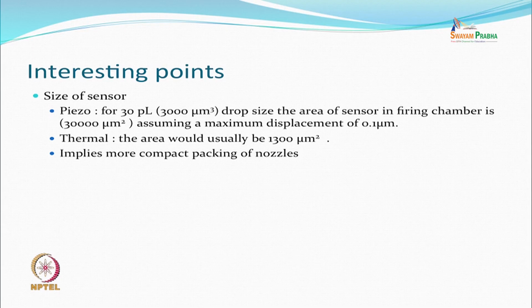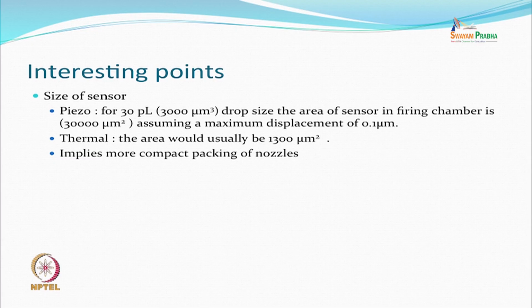Thermal printers require much less area. On an average, they could be 1200 to 1300 micrometer square. That means a smaller size. And if the element, which is the resistor that gets heated, does not get corroded very easily, this will be the cheapest way to make an inkjet printer.